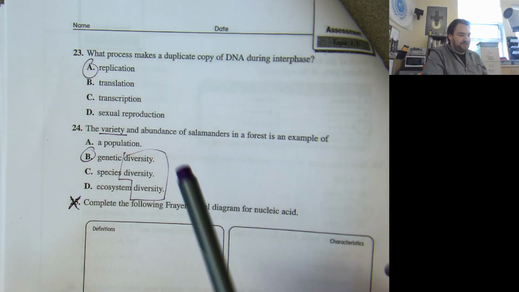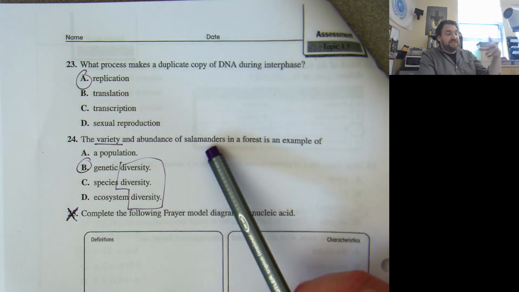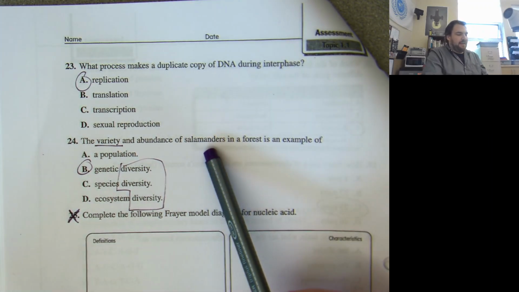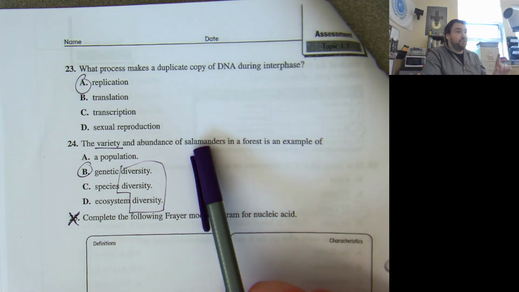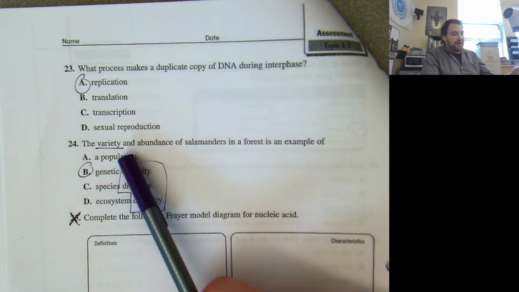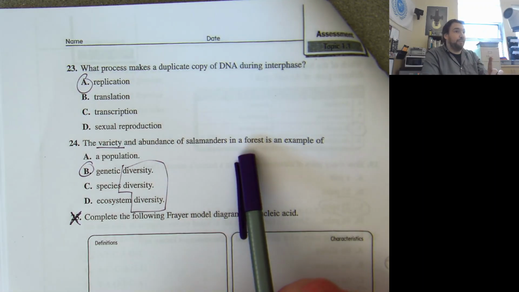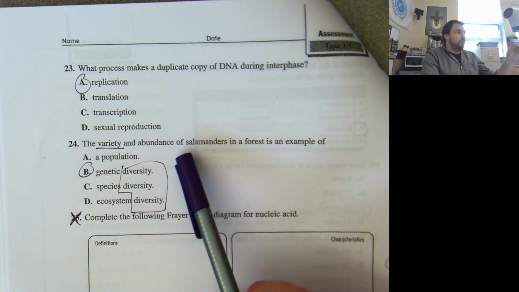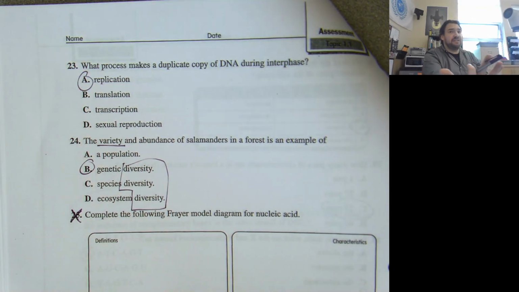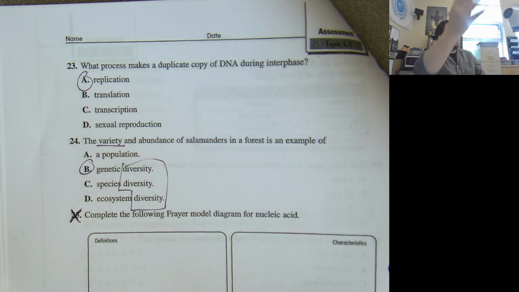Now, what kind of diversity? If they're talking about the diversity of salamanders, let's replace that word with students. If I was talking about the variety and abundance of students in a classroom, you, the students, are obviously diverse. I have genetic males, I have genetic females, I have blondes, brunettes, black-haired students, red-headed teacher.